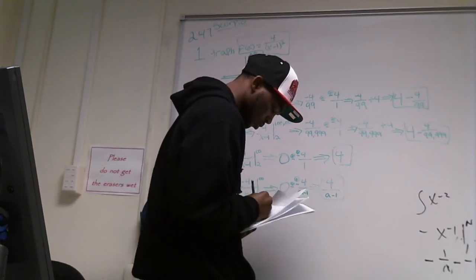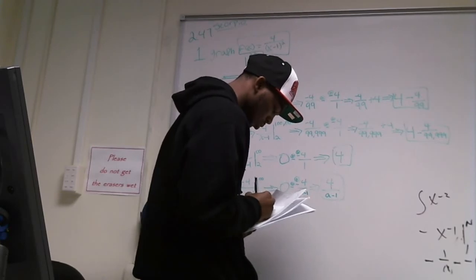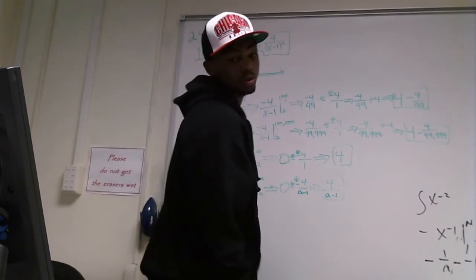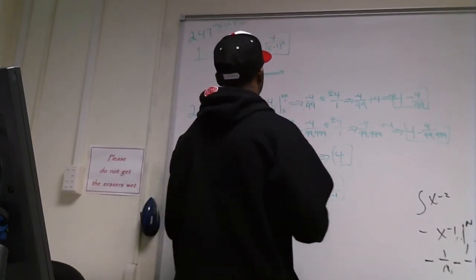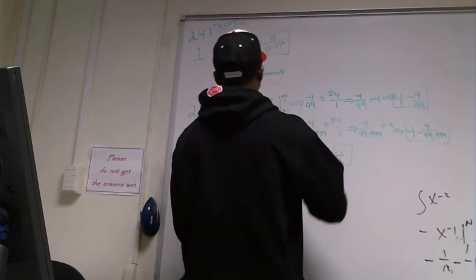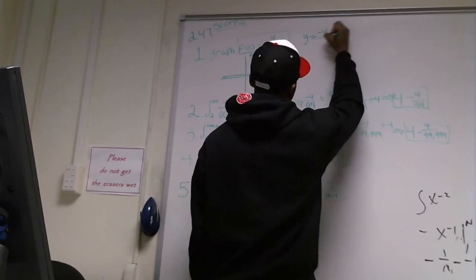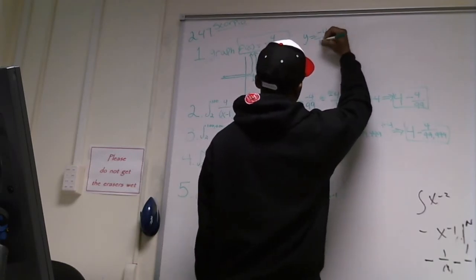Take the derivative of negative 4 over (x minus 1) so he sees why that is right. Just write up top of the board, we've got some space up there. y equals negative 4 over (x minus 1). You're going to take the derivative of that. What's a good way to rewrite it?